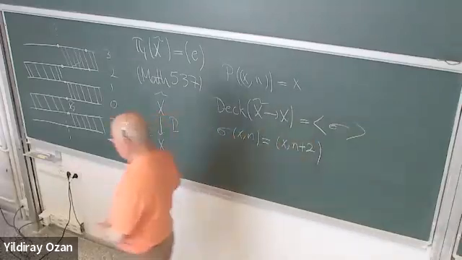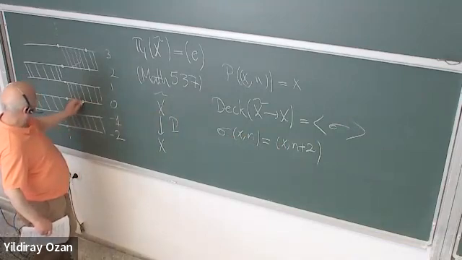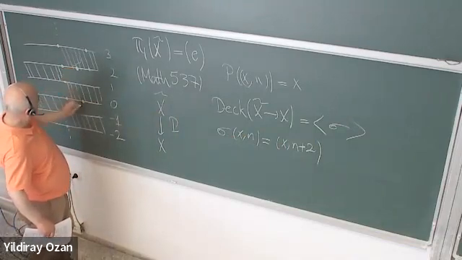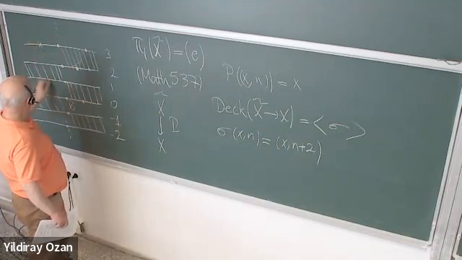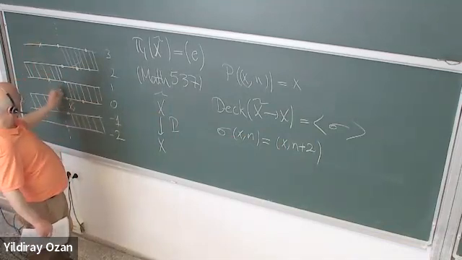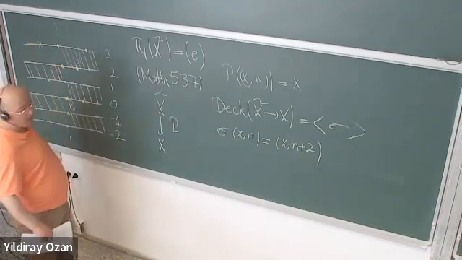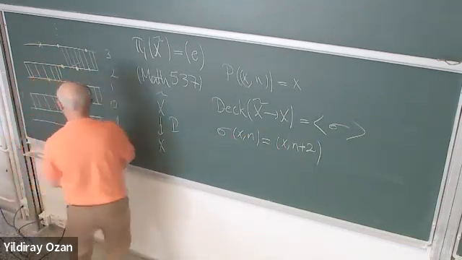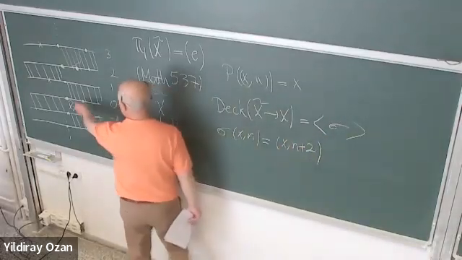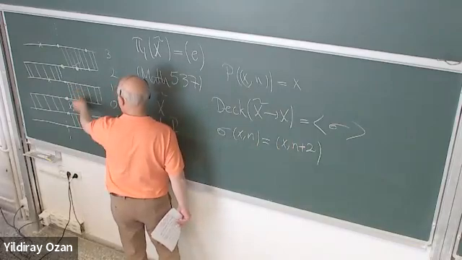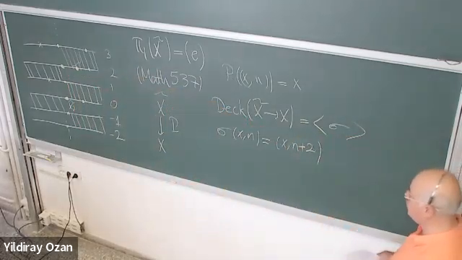In other words, if you have a point here, you just map this to this point, okay? If you have a point here, this point is mapped to this one, and the same thing here, this point is mapped to this point. You just go 2 units up. 1 unit doesn't make any difference because these points are identified, so you have to go 2 units up. Okay, that's the covering transformation.